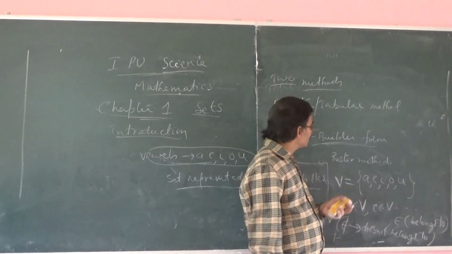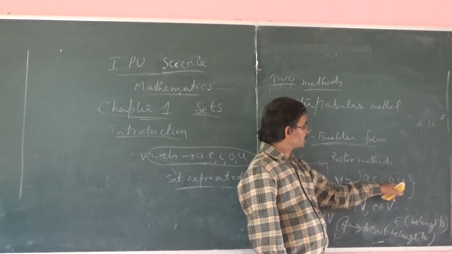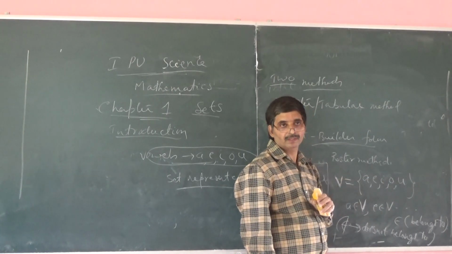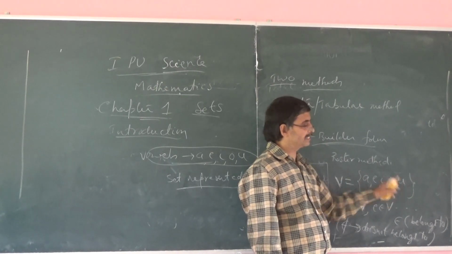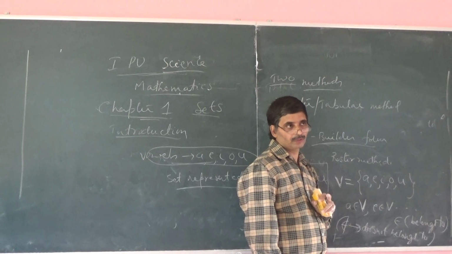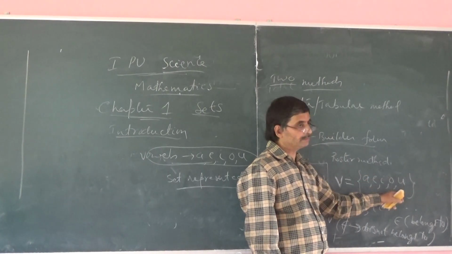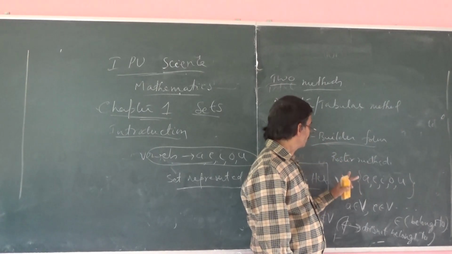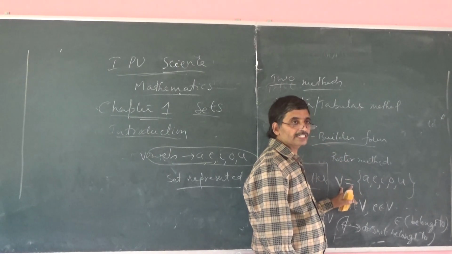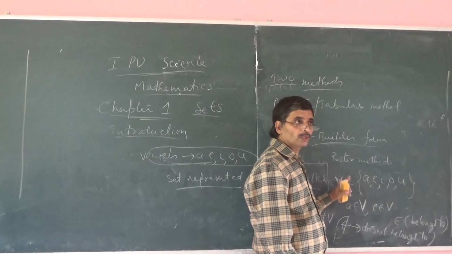Now observing here, generally we will use small letters for the elements. Of course, I told you capital letters for the name of the set, capital only.